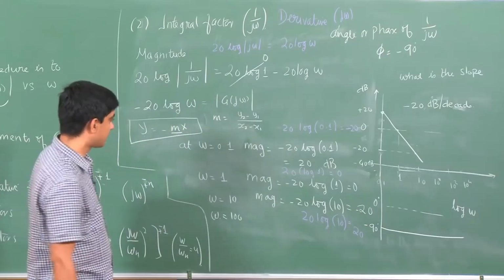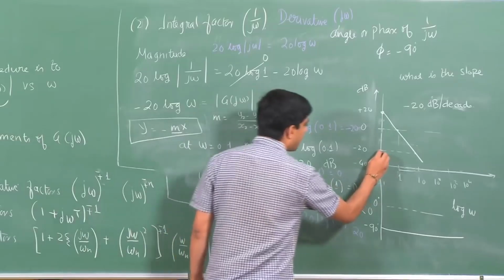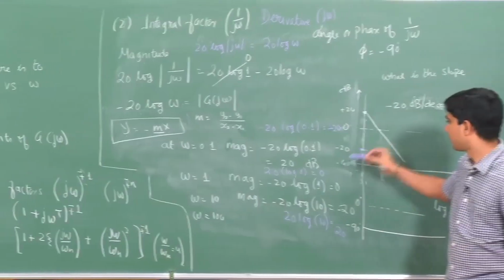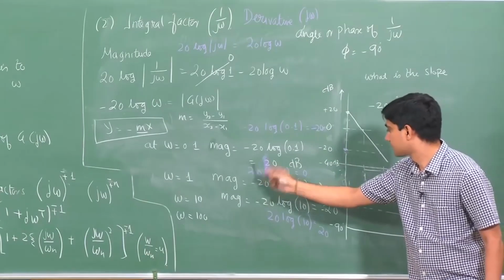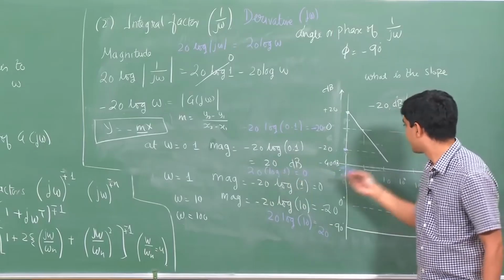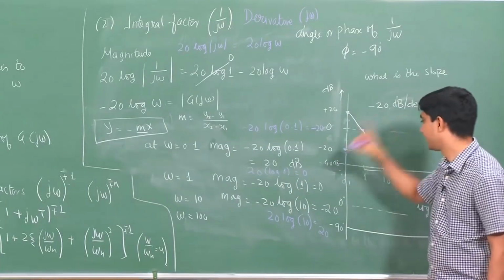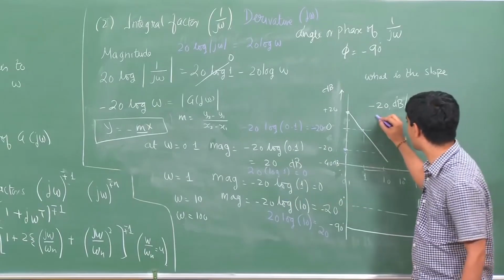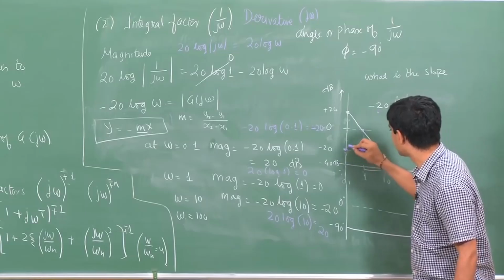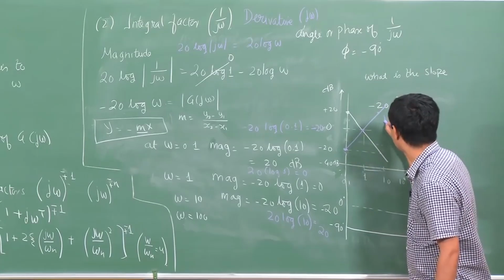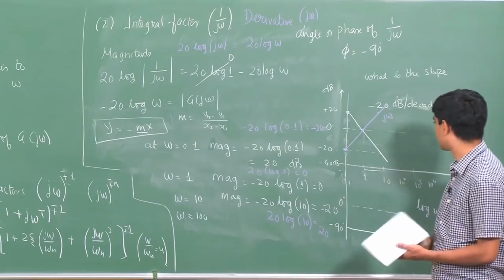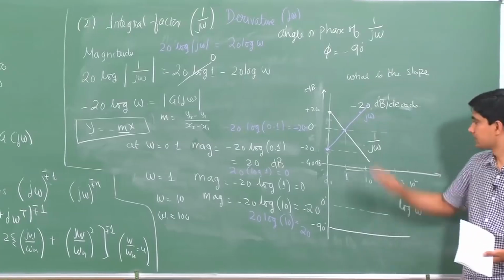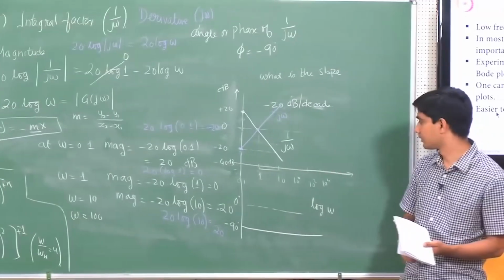Now, let us start plotting this. At omega equal to 0.1, I am at minus 20, and at omega equal to 1, I am at 0. At omega equal to 10, I am at plus 20. So, this is the plot of j omega. The white line is a plot of 1 over j omega, just the mirror image, which is not surprising.